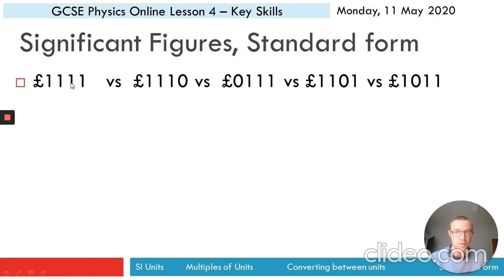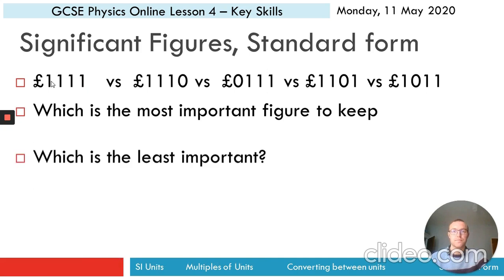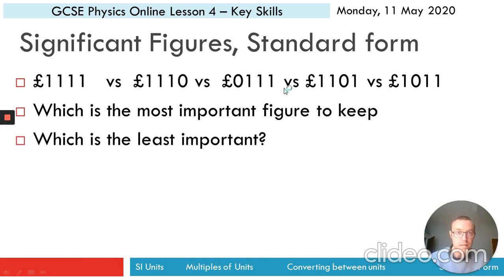This one, I'm only removing £10, and this digit, I'm only removing £1. So the most significant figure of any number is the figure furthest to the left. And the least important, likewise, is the furthest to the right.